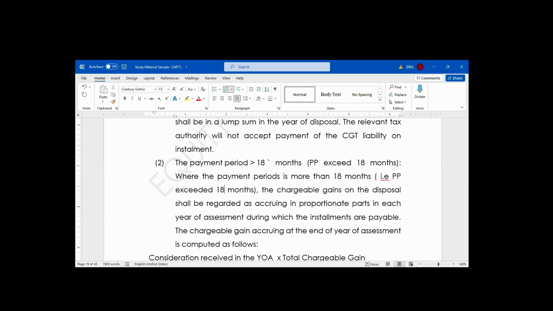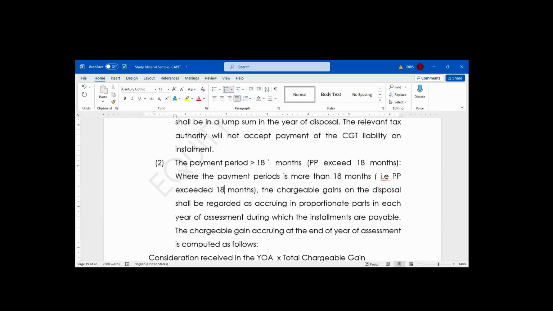You are going to pay it on installment basis. So if the buyer of the asset is paying for 3 years, you, the seller too, the capital gain tax due on that asset, you are going to pay it for 3 years.